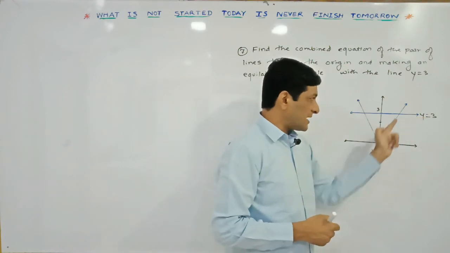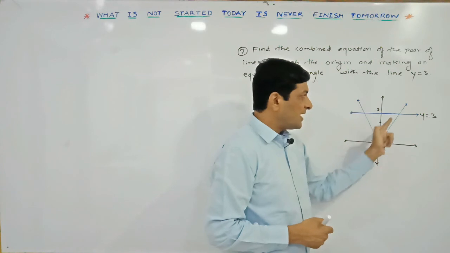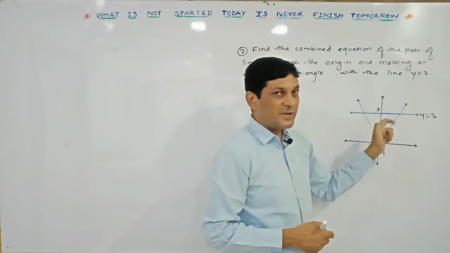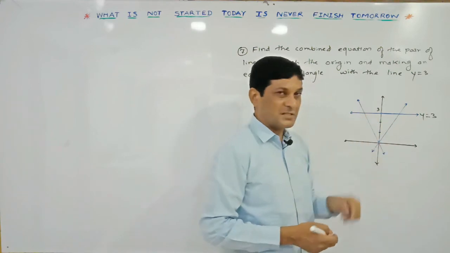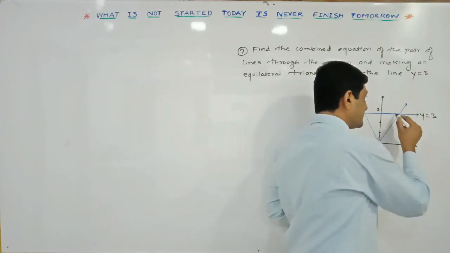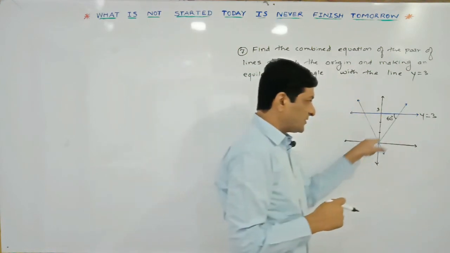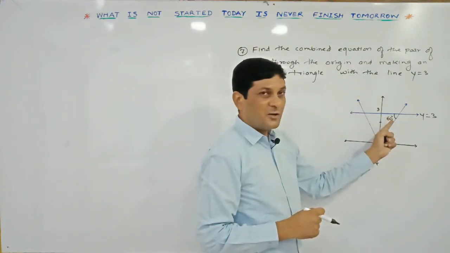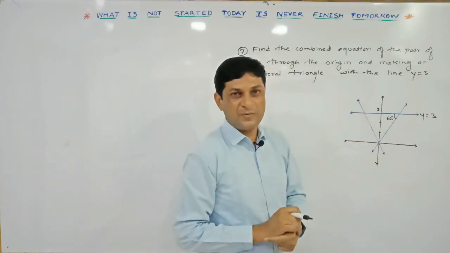Let us suppose this is the first line which passes through the origin and makes an equilateral triangle. We can say that this triangle is equilateral if each angle is 60 degrees. So here we can easily say that this angle will be 60 degrees, because the line passes through the origin and makes an angle of 60 degrees with this line, since the triangle is equilateral.